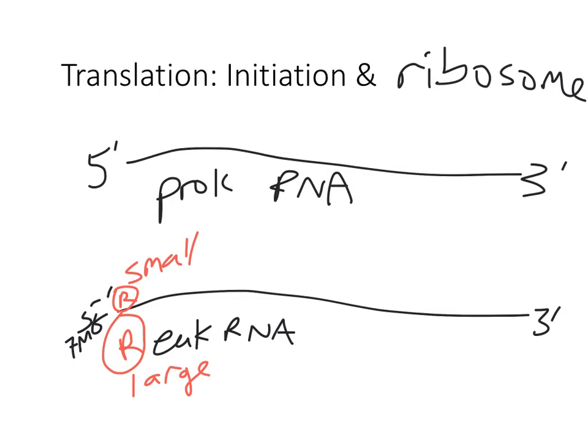So then what happens to the ribosome? Sitting there on the 7-methylguanosine cap, ready to make some protein. How does it know where to start translating?